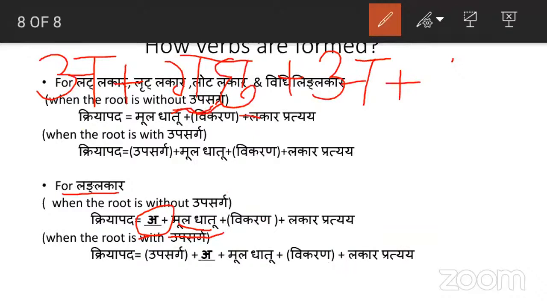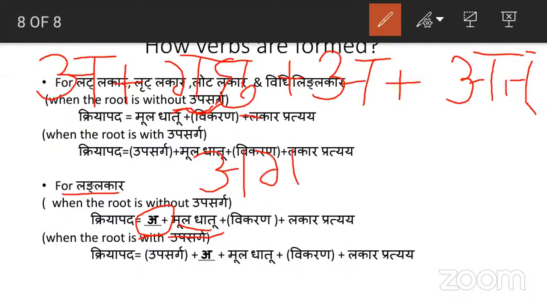Lang lakar pratham purush ekvachan ending is at, right? So at ending there for lang lakar. So what it becomes: a plus gach halanta plus a, means cha complete, and this a mixes with that a, but it doesn't make a long a. So it becomes agachat.